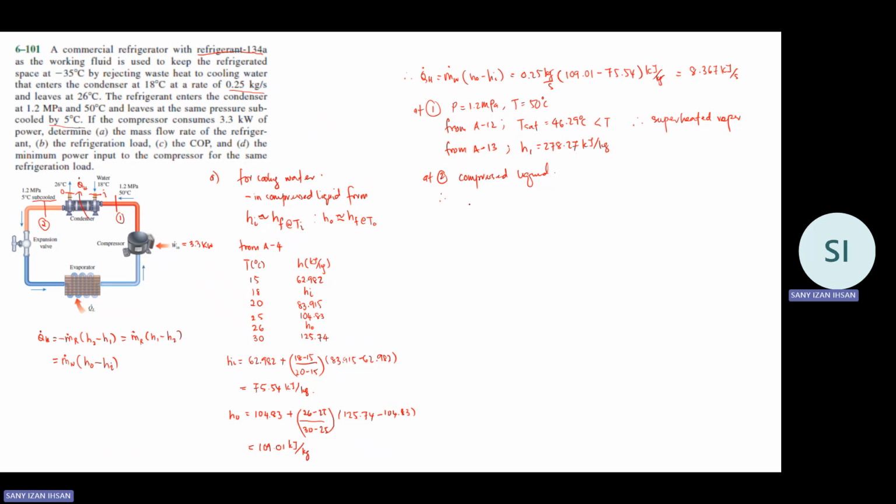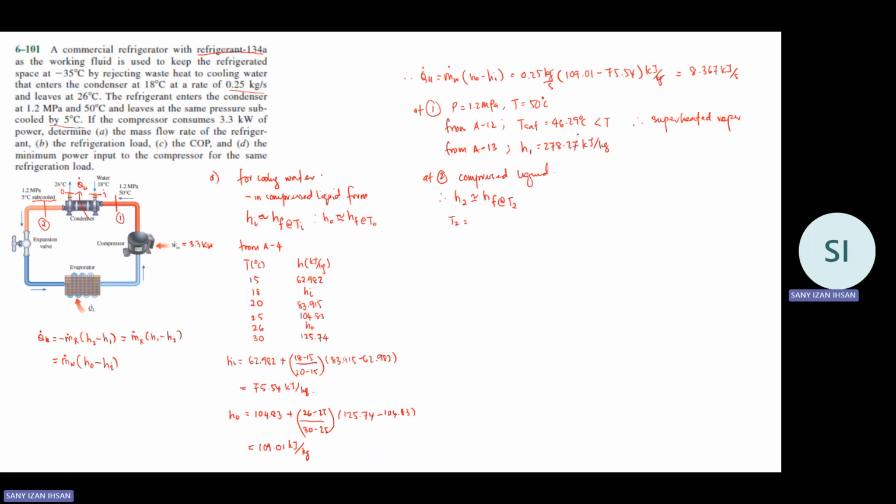Therefore, you can estimate H. Remember, we can estimate H2 as equal to H of saturated liquid at temperature T2. But we need to know what T2 is.